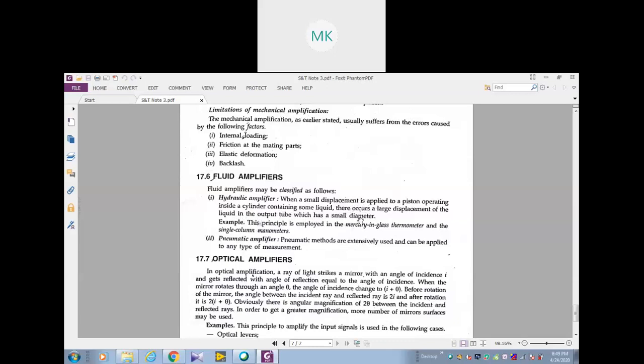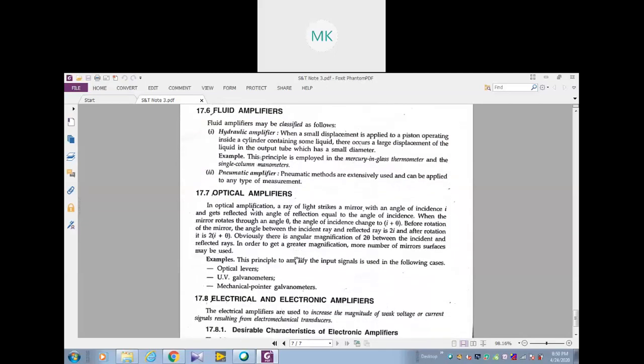A small movement on one side of the piston will make a large movement on the other side because of the fluid movement. This principle is employed in mercury-in-glass thermometers and single column manometers. Pneumatic amplifiers: pneumatic methods are extensively used and can be applied to any measurement.